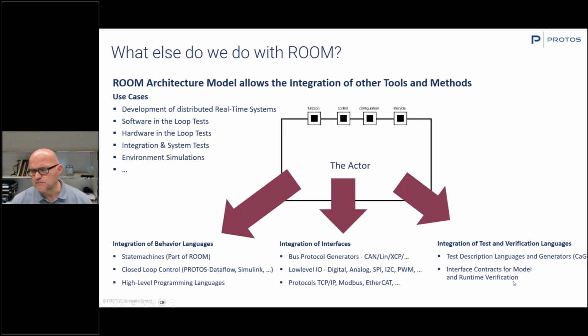And we also have methods to define interface contracts, so contract-based design, to really construct secure and safe systems. So you do not implement them and test them, but you design them in a way that they can be verified on model level, or automatically can be verified on runtime level, or also during test time. So it's a very constructive way to create robust systems.